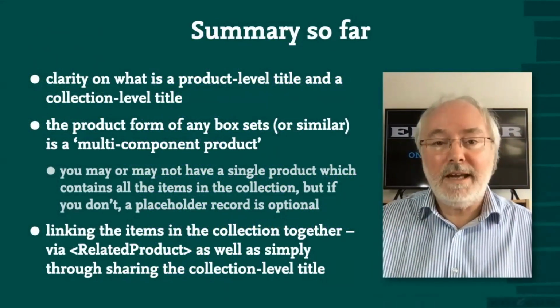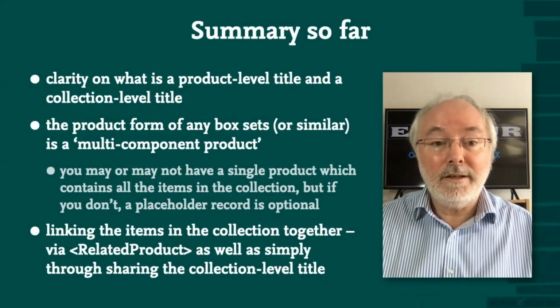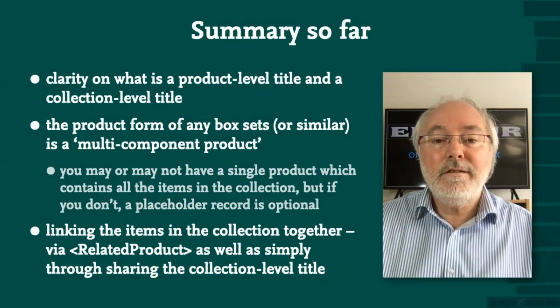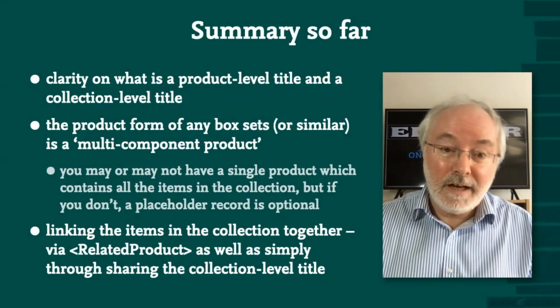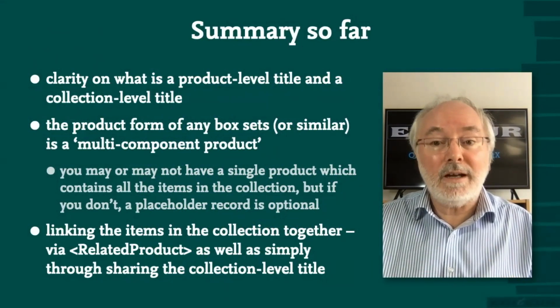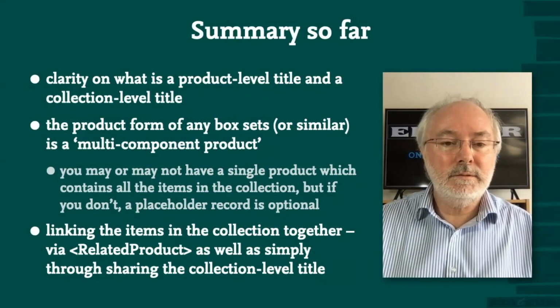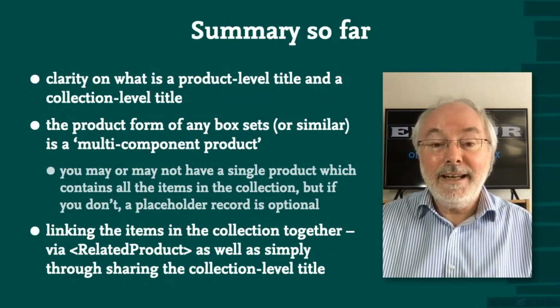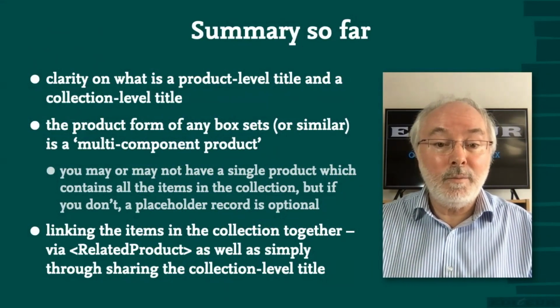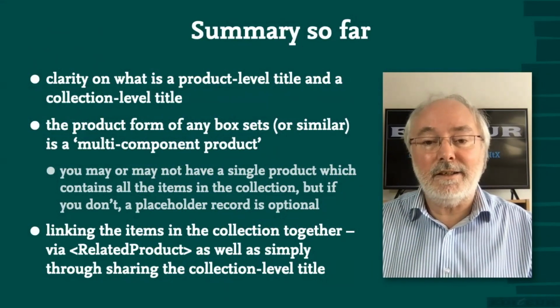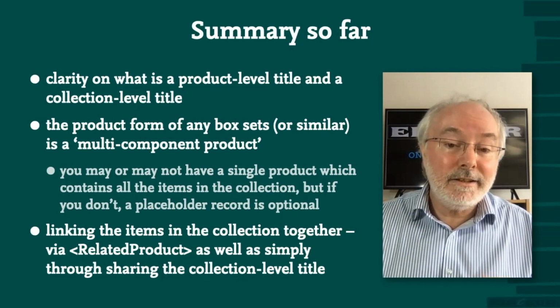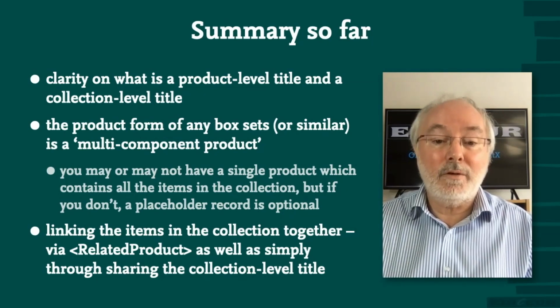So let's pause here and review what we've already looked at. First, we use title element level to provide clarity on what's a product level title and what's a collection level title. Secondly, we have a clear distinction between the product form of the individual products in the collection and any collection as a whole product, like a box set.